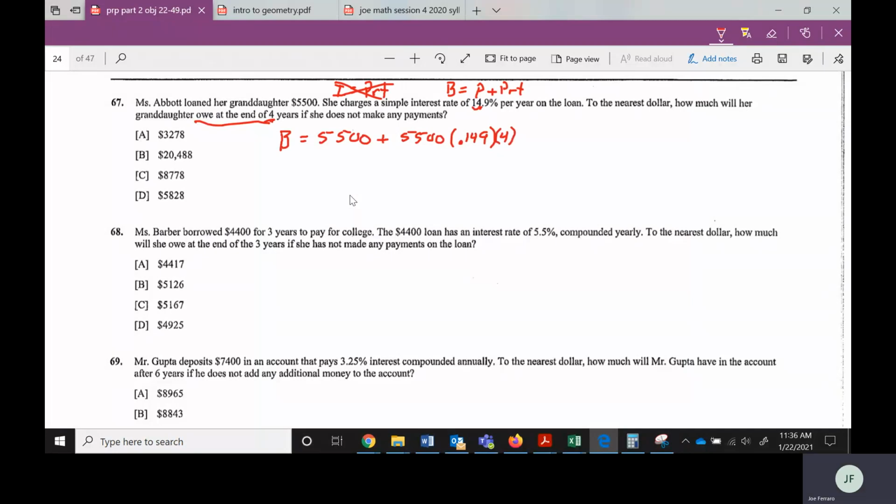Okay. So, order of operations, this stays. We have to do the multiplication first. So we're going to multiply these three items. And when you take this times 0.149 and then that answer times 4, that will give you this. And then you add those together.